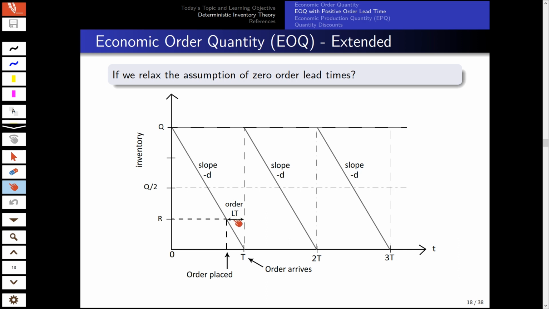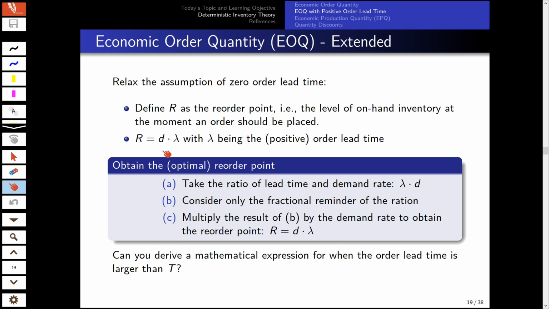When we have a lead time of this fraction, so this is here, and this we can rewrite as the demand multiplied by the positive order lead time. So the way to obtain the optimal order point is that we take the ratio of our lead time and the demand rate, and then consider only the fraction of this ratio.